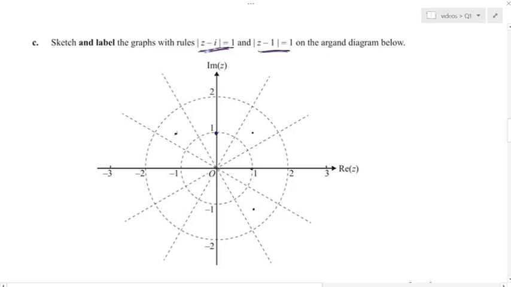Okay, I'll try to draw it as correctly as possible. There you go, and likewise I go from here.